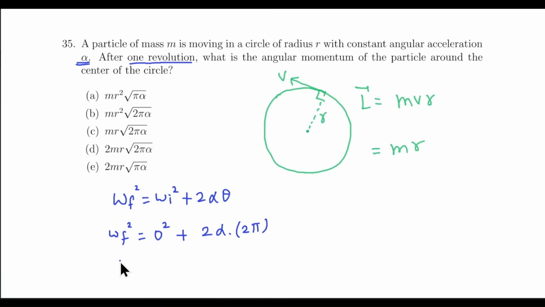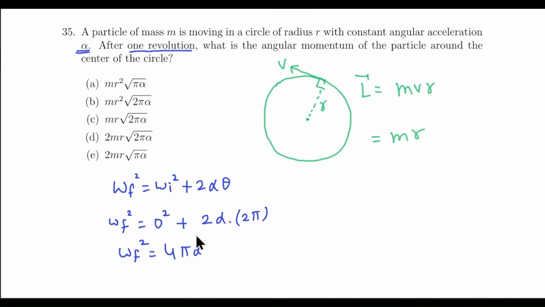So omega final square comes out as 4 pi alpha. And if you're going to take a square root of this guy, so omega final will be equal to root of 4 pi alpha. I'm looking for V, and of course V is related with omega as well, because V is equal to omega R.